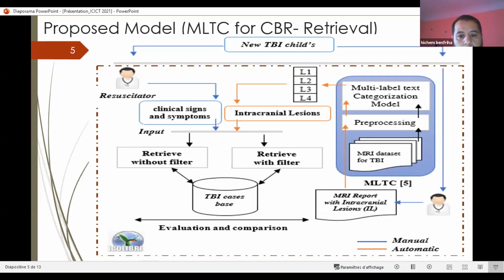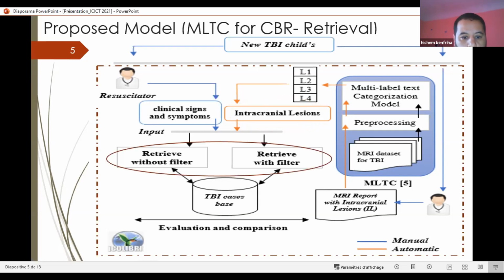Secondly, intracranial lesions are detected automatically by using the MLTC framework from a textual description, which represents an MRI scan report that contains several cerebral lesions caused in the accident. The report is done by a radiologist.